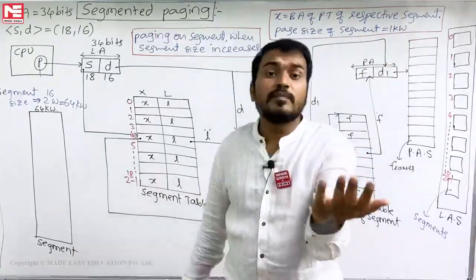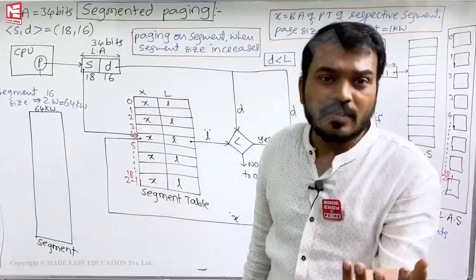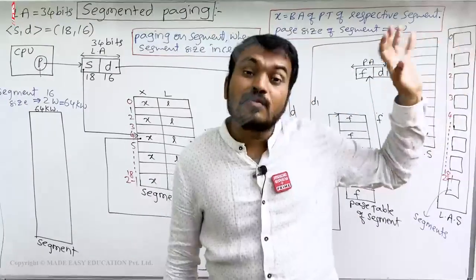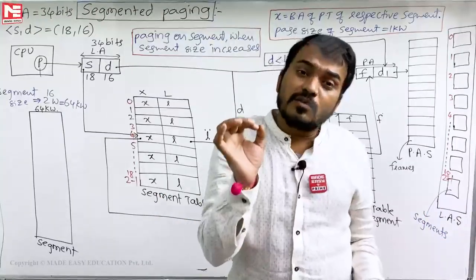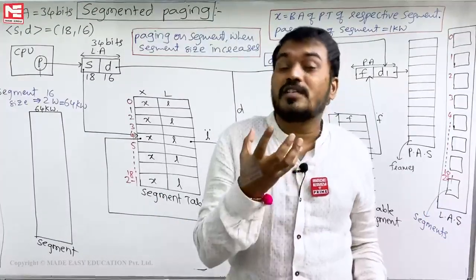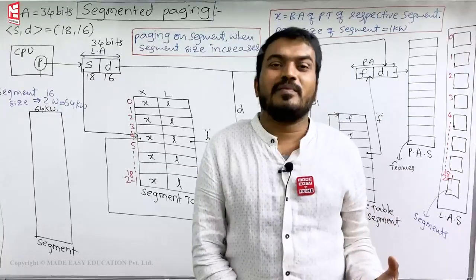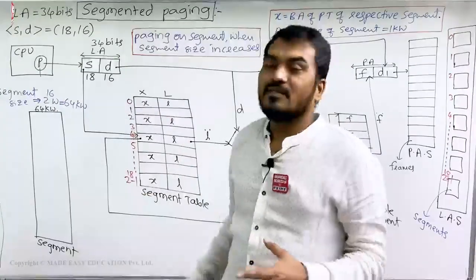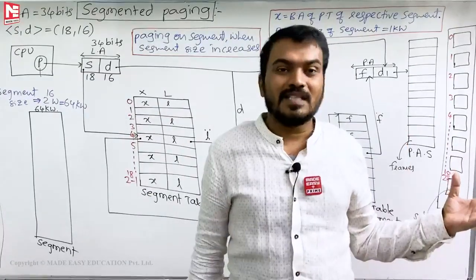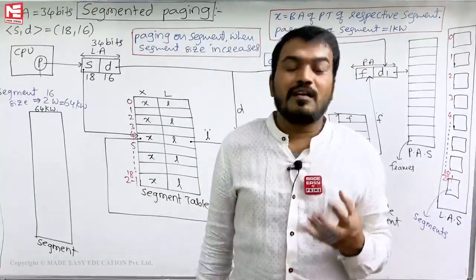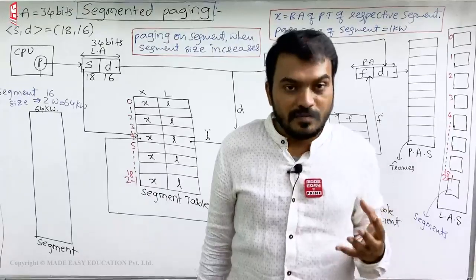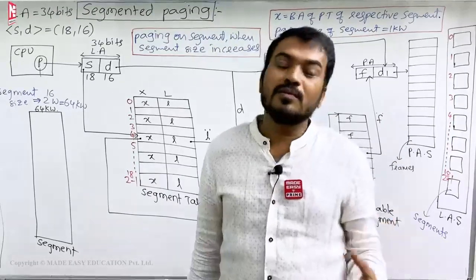Tell me, what is the goal of memory management? The efficient utilization of memory. Whatever the memory we are having, we have to make use of that memory in an efficient manner. So that is the reason we are doing all that. So how we are going to apply paging on the segment, and how we are going to bring the pages of segment into main memory? That concept we are going to study now.